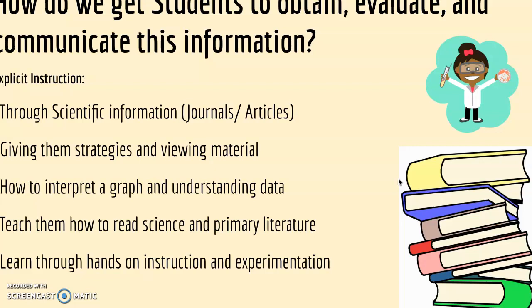And hands-on activity and experimentation is very important when learning science activities. Teach them how to interpret graphs and understand the data. Teach them how to read science and scholar articles or primary literature. And again, have them learn through hands-on activities and experimentation.